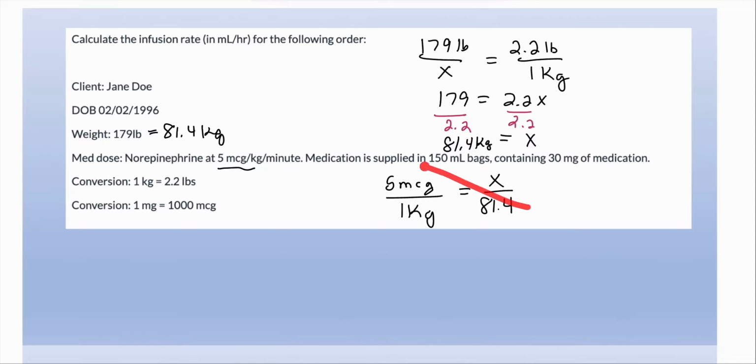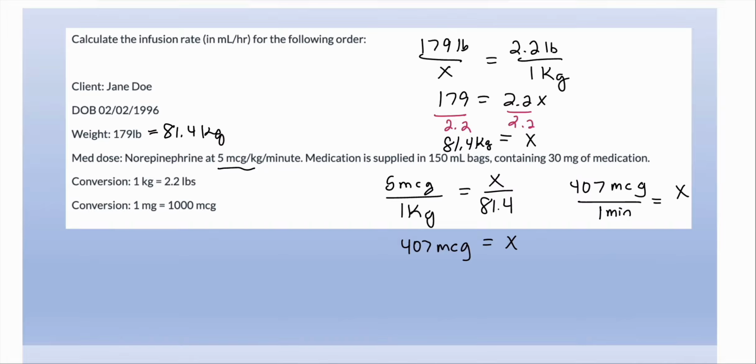If we use our proportion solving, it's 5 times 81.4, which is 407. Okay, because x times 1 is just x. So that is how much we give them per minute. So 407 per 1 minute.